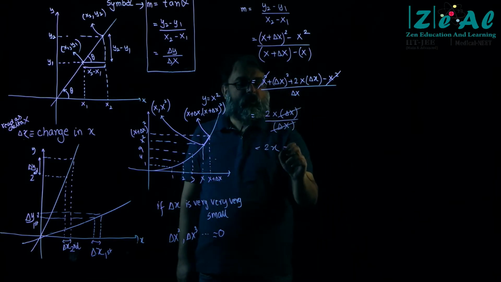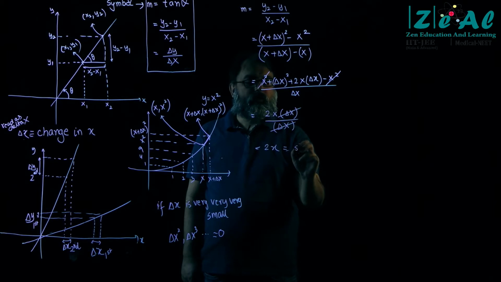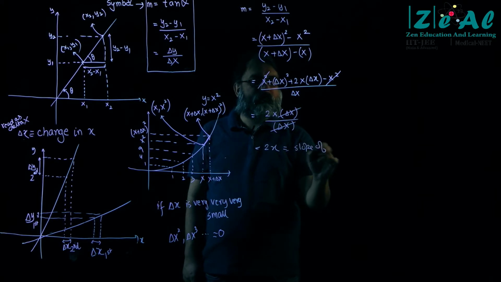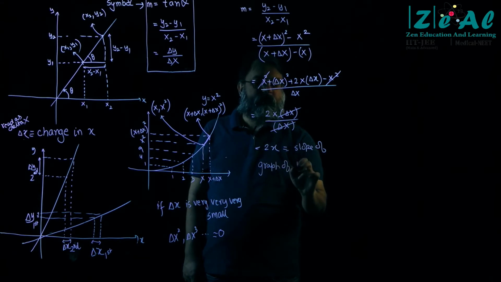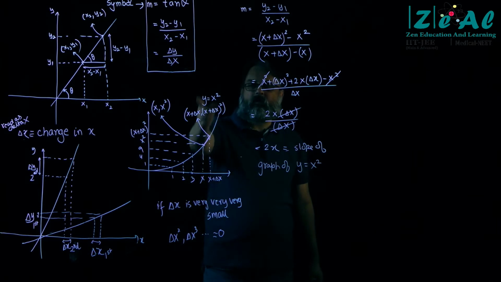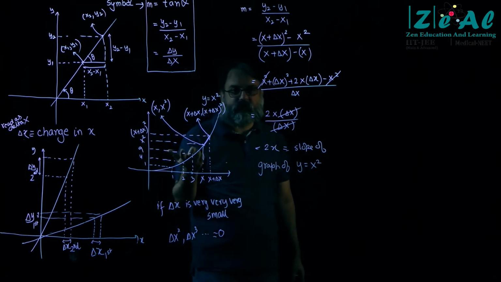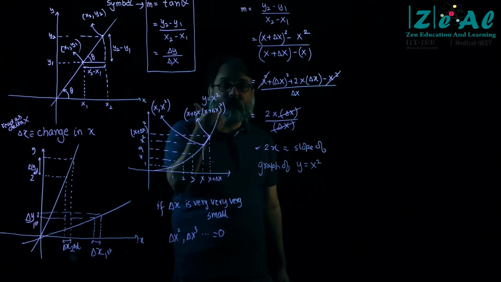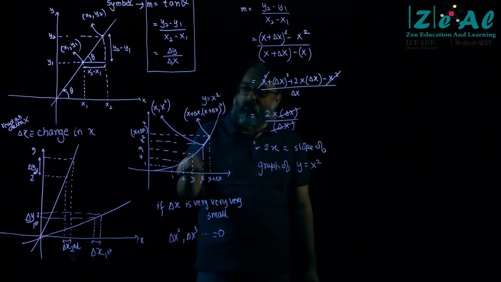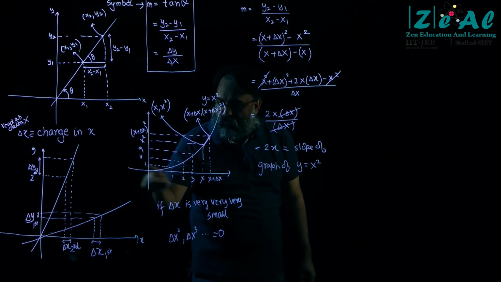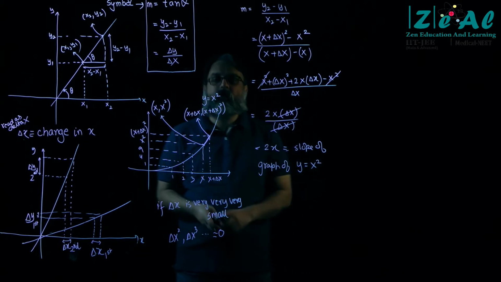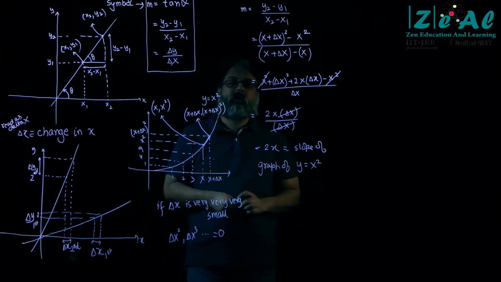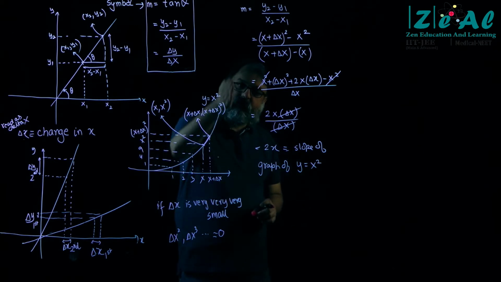So this is equal to the slope of the graph of y is equal to x square. y is equal to x square is simply an algebraic expression, for which I can make a table, right? The table I will make will have the points 1,1, 2,4, 3,9, 4,16 and so on, and I plot all the points, and when I plot all the points I get this curve, right?